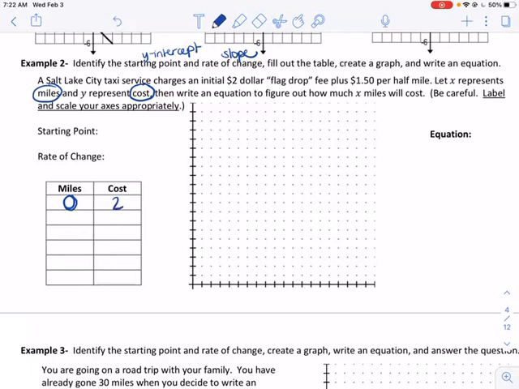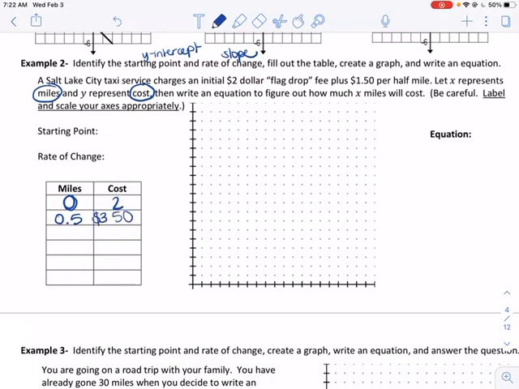Then it says $1.50 per half mile. I get to choose what numbers I'm going to put in this table. So I'm trying to visualize what's going on here. I'm going to say I just go half a mile. So I have to pay that $2 and then $1.50 for the half mile. So it's going to be $3.50.